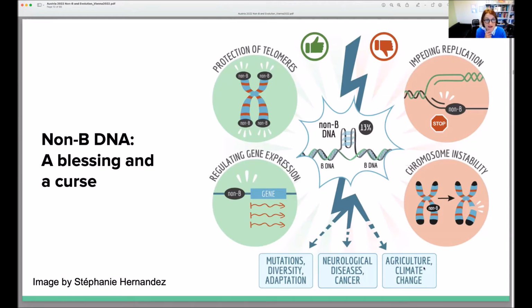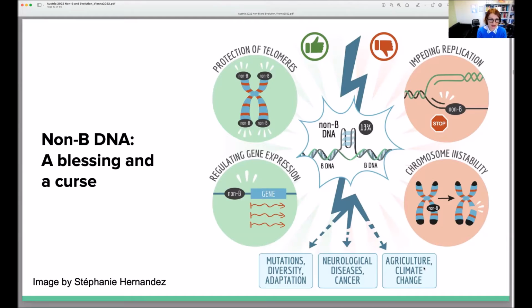I talked about non-B DNA being transient in the genome, and formation of many non-B DNA structures is regulated by the presence of certain ions. This is particularly important for plants.